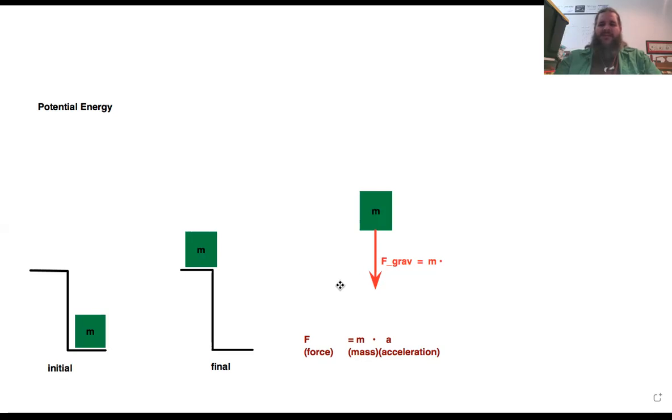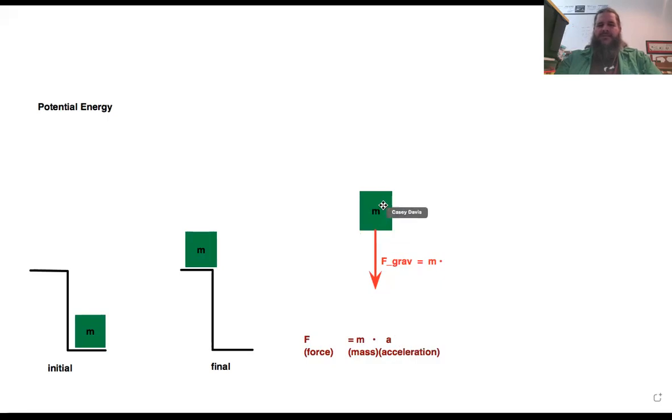If it's 1,000,000 times more massive, it's going to take 1,000,000 times as much force to get the same result. So in general, force equals mass times acceleration, in the sense that applying a force to an object makes it accelerate, assuming that's the only force acting on it. But the more massive the object is, the more force you need to get the same acceleration.